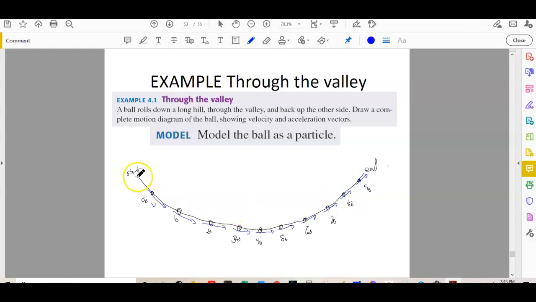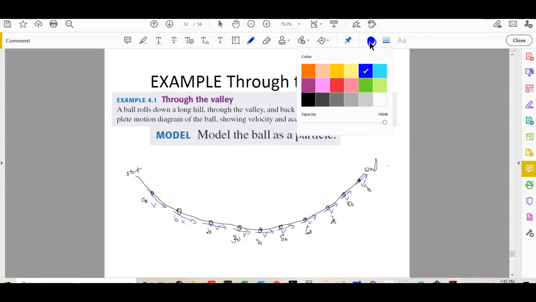I didn't space these out properly, but I'm focusing on drawing the velocity vectors at each one of these points. Velocity vectors are always tangent to the path of motion, right? So tangents to where you are on this path right here.